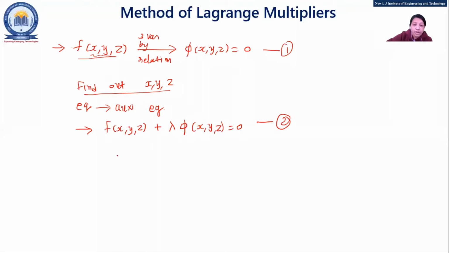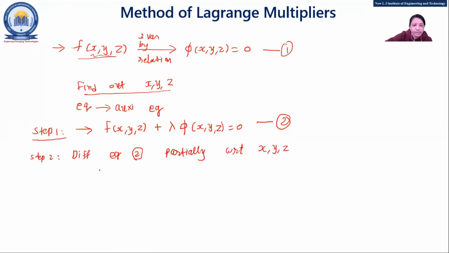This is not given in steps in the book, but just for your understanding: step 1 is to make the auxiliary equation. Step 2 is to differentiate equation 2 partially with respect to x, y and z.